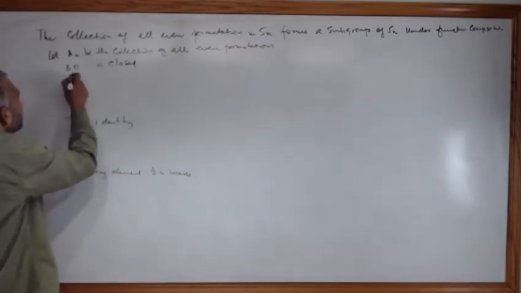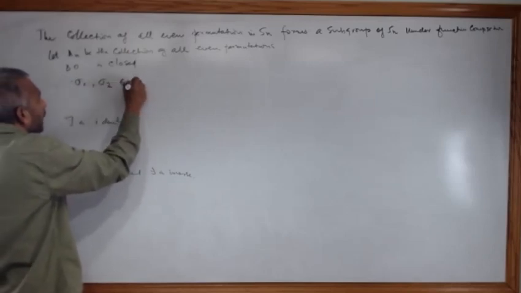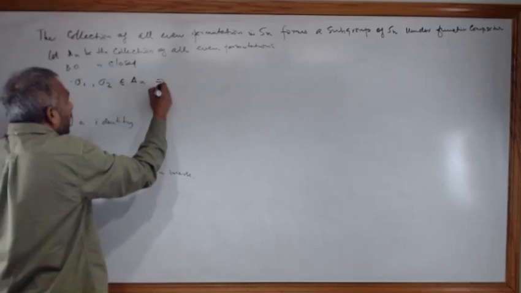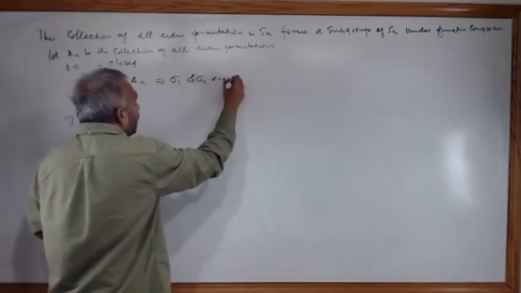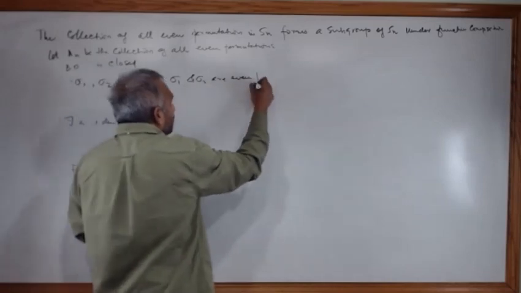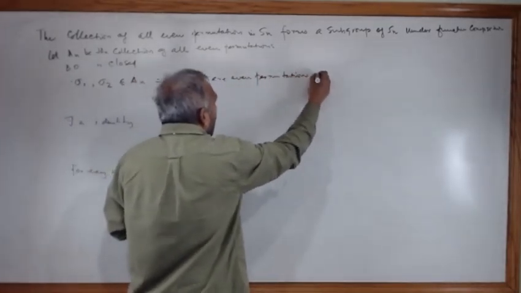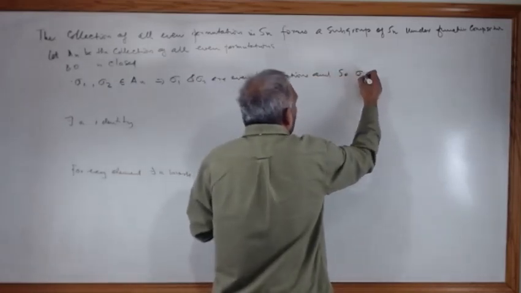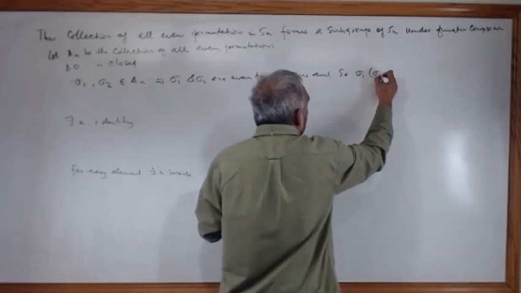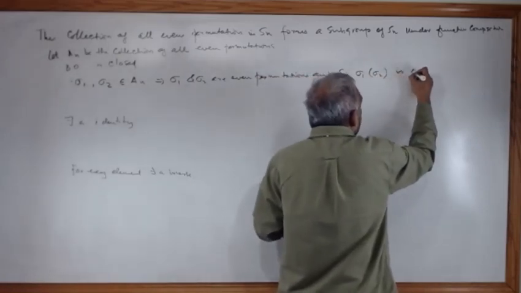So let us take sigma 1, sigma 2 belongs to An, and that implies sigma 1 and sigma 2 are even permutations, and so sigma 1 after sigma 2 is an even permutation.